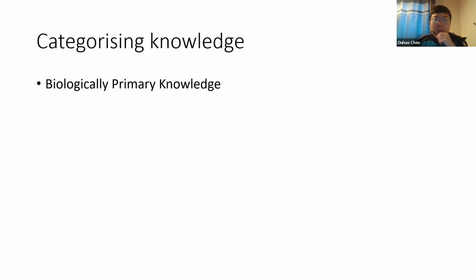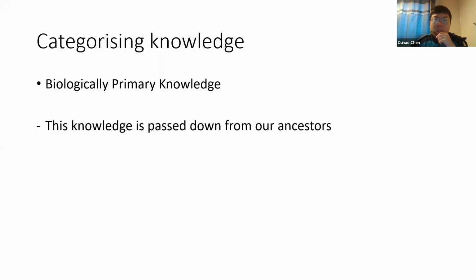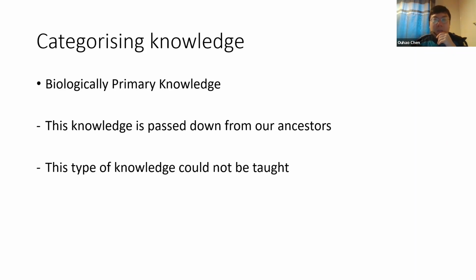So what is biological primary knowledge? This knowledge is passed down from our ancestors, which means we don't need to teach this type of knowledge, because we naturally inherited it from our ancestors.